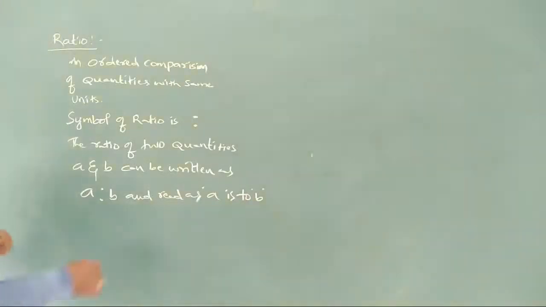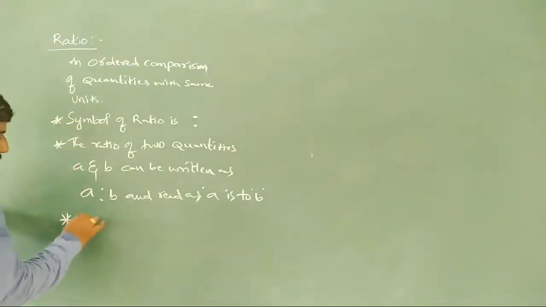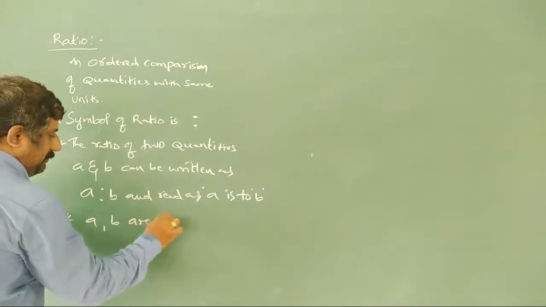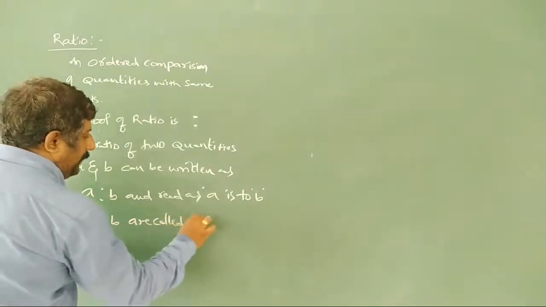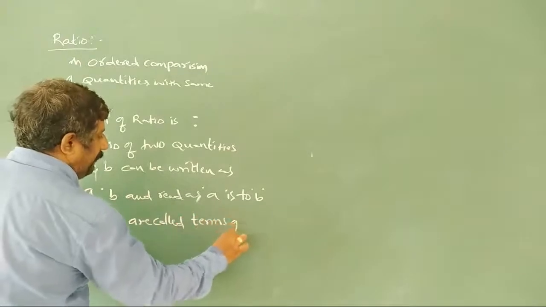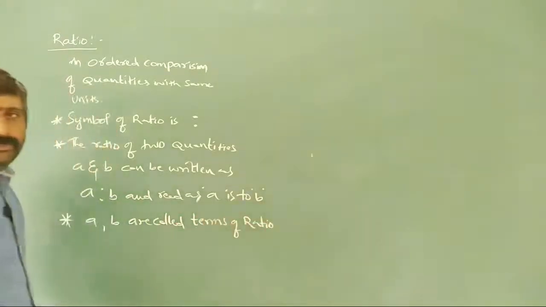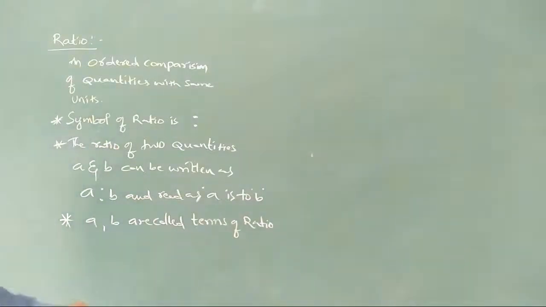Here A and B are called terms of ratio. Now, these A and B have specific names. What are those?